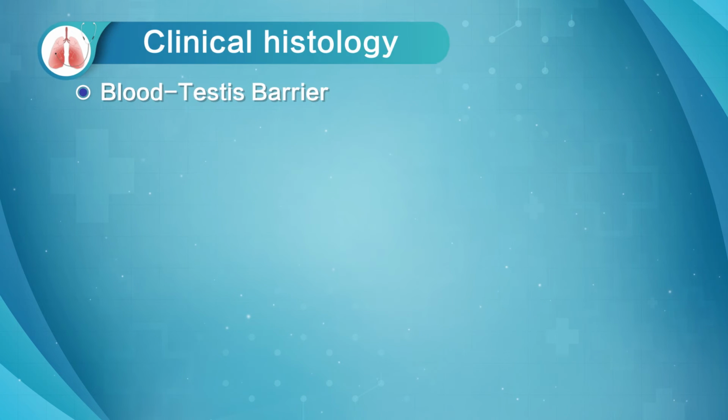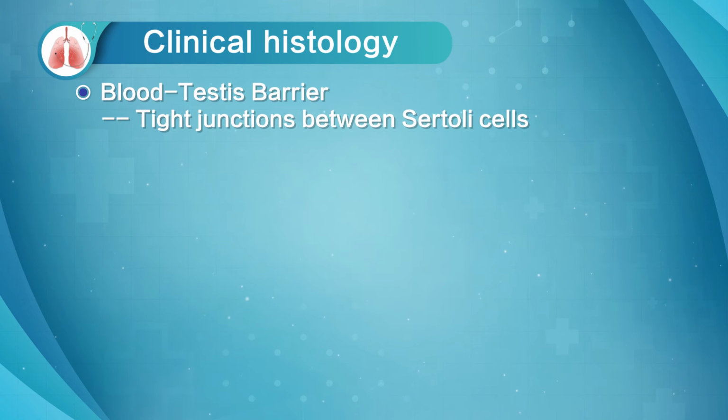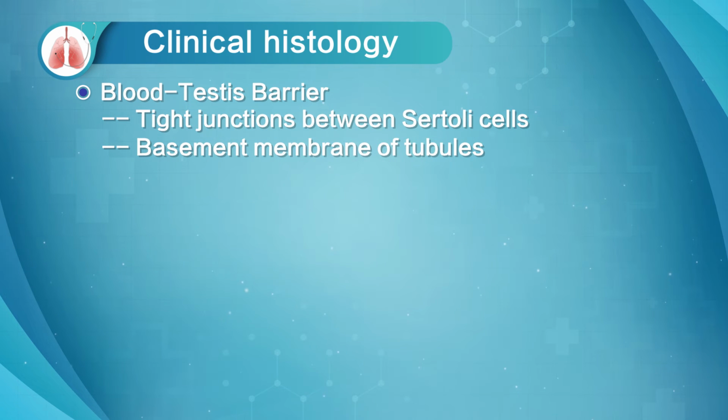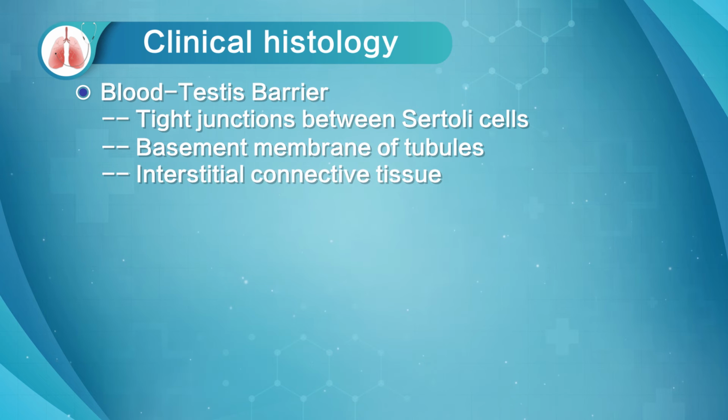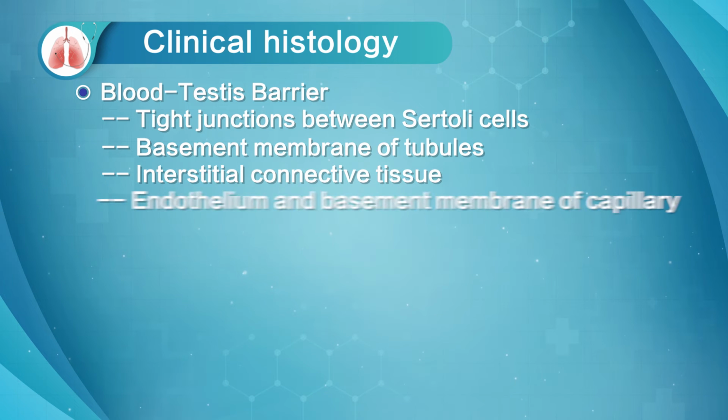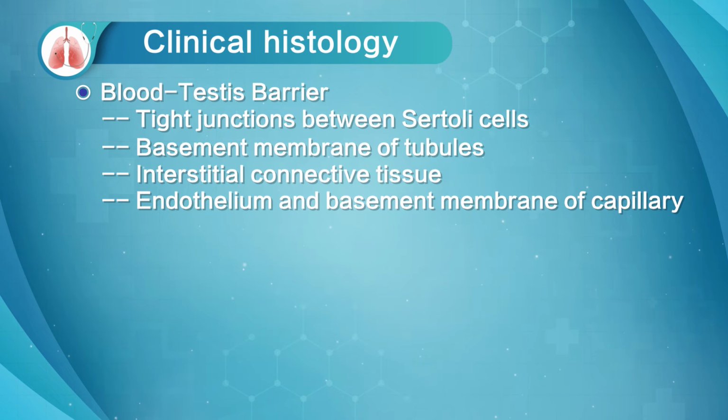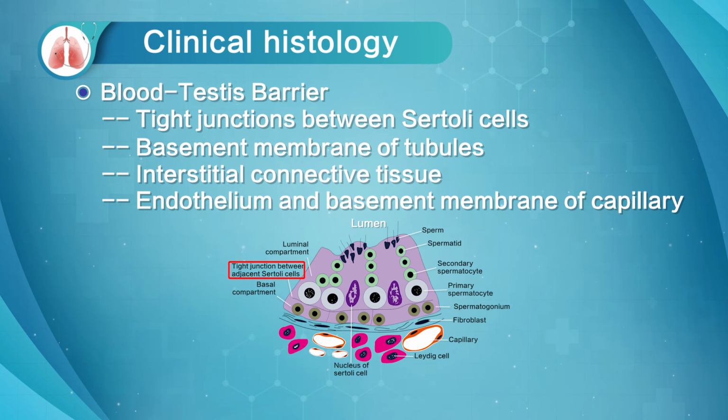The blood-testis barrier consists of the tight junction between the Sertoli cells, the basement membrane of tubules, interstitial connective tissue, endothelium, and the capillary basement membrane. Among the structures of the blood-testis barrier, the tight junction between Sertoli cells plays the most important role.